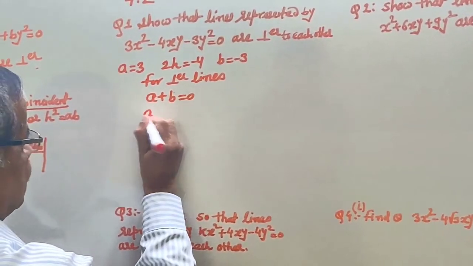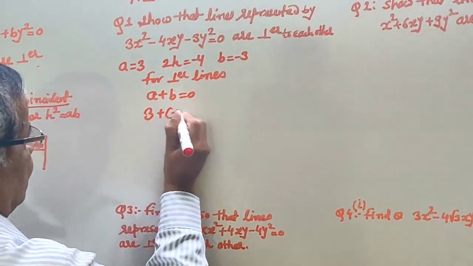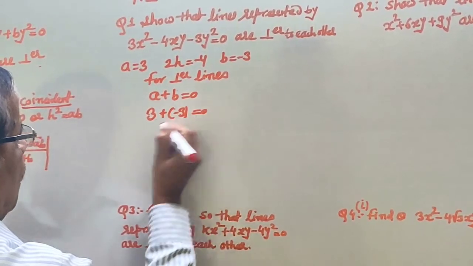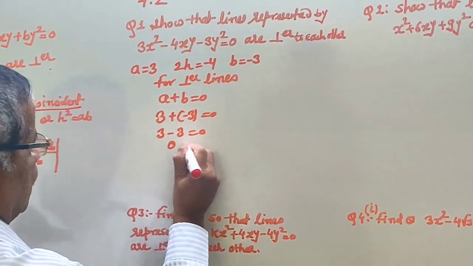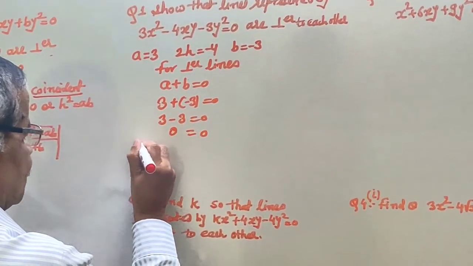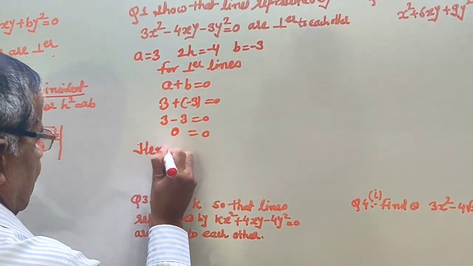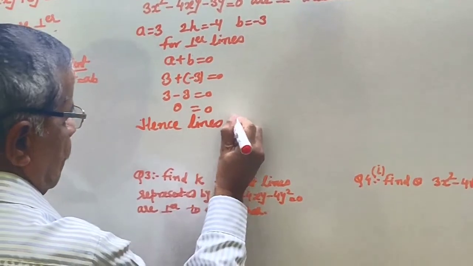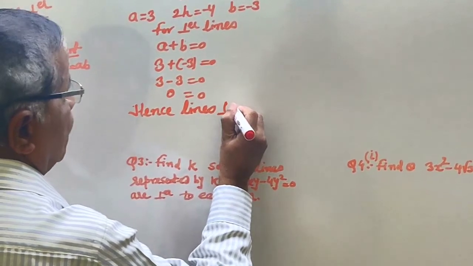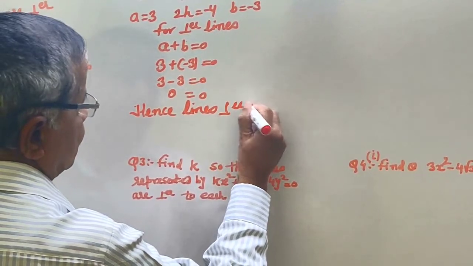Now I will substitute the values. 3 minus 3 is equal to 0. 0 is equal to 0. Hence, the lines are perpendicular. Okay? This is a very important problem. Perpendicular to each other.